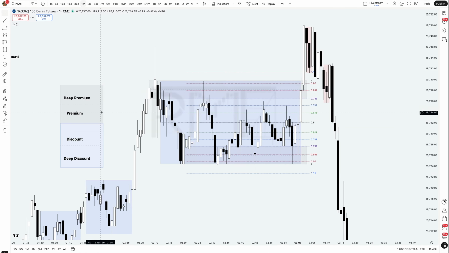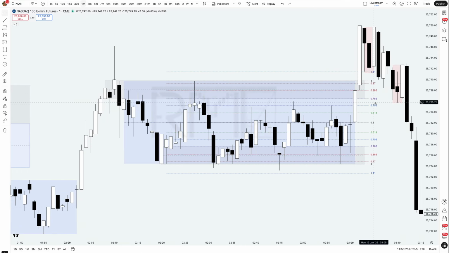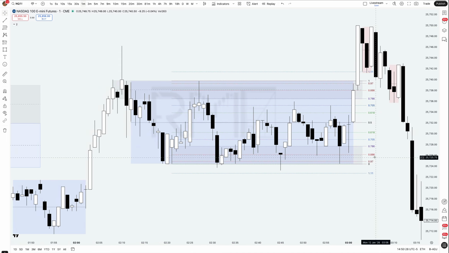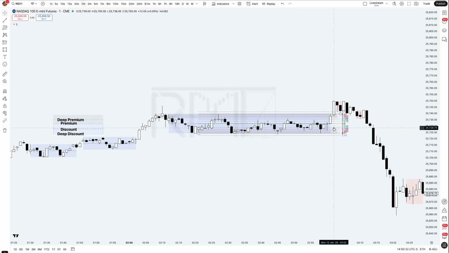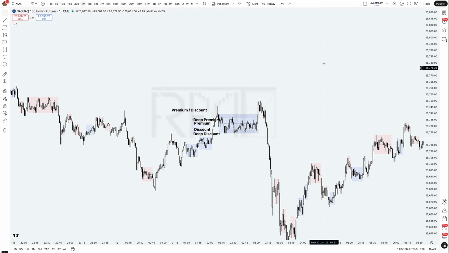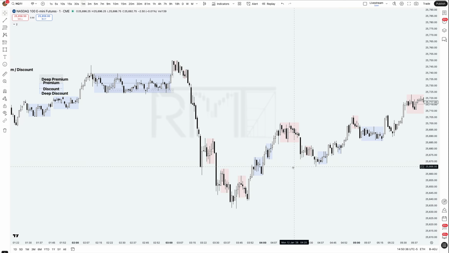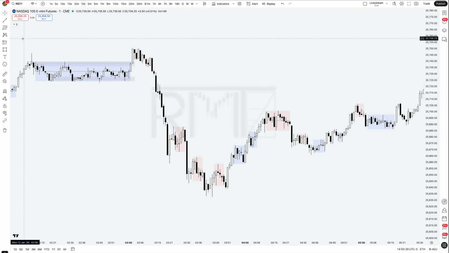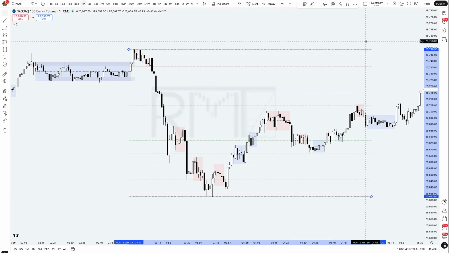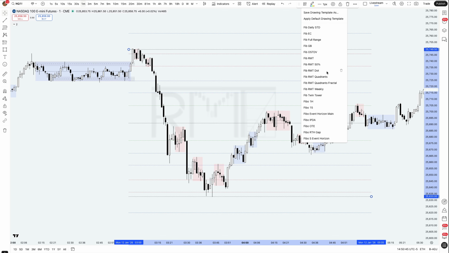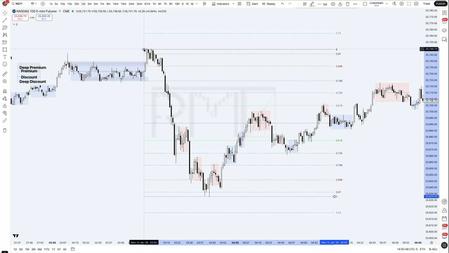It keeps going up and down, because that is how price works with premium and discount in a consolidation. Looking for these levels, we have a zone to buy or sell, and this happens on every single range, right? So if this is a big range, I was in deep premium above the 75%.